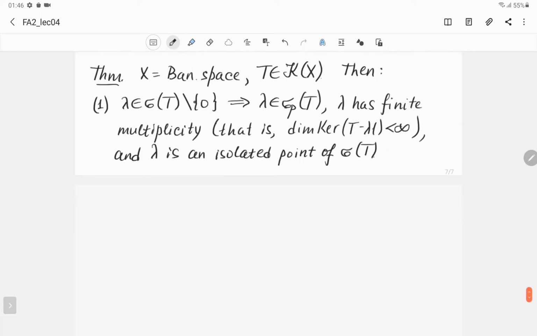Okay, so this is part 1. And part 2, the spectrum of T is at most countable.